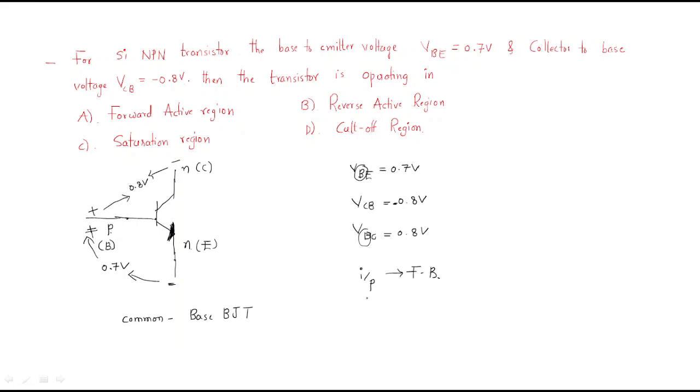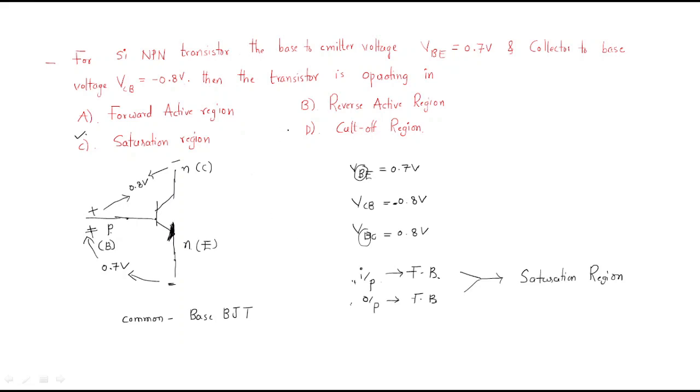So that means the output is also forward biased. When input and output are both forward biased, the transistor is automatically in the saturation region. So it acts as an ON switch. So the solution is the saturation region.